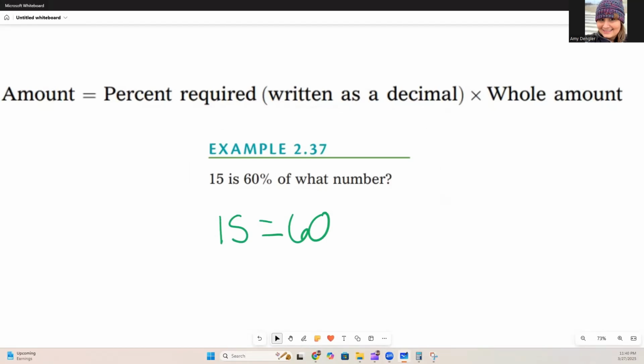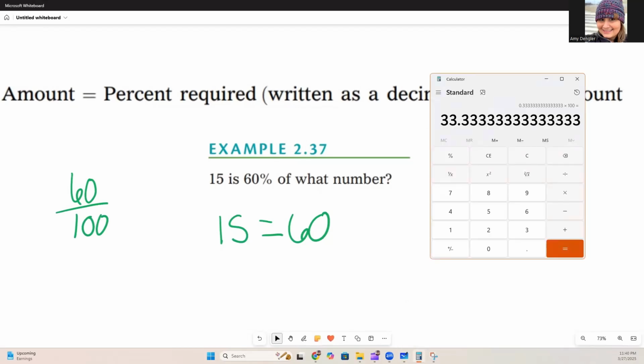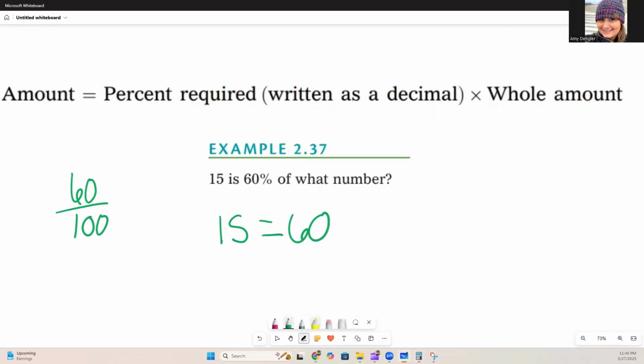But remember that we have to change that percent to a decimal. So we're going to do 60 divided by 100, which gives us 0.6. So we will write that in, and then we don't know what the number is, so we're going to do times x.